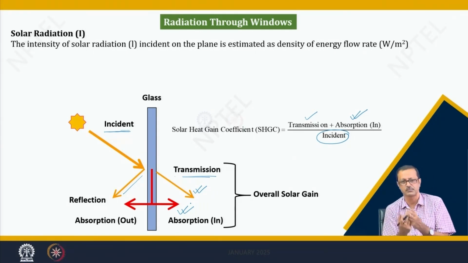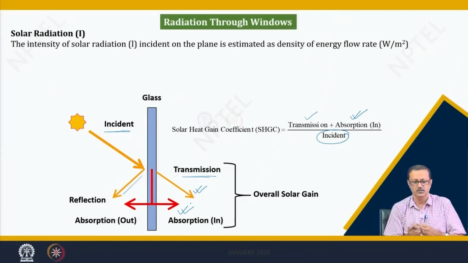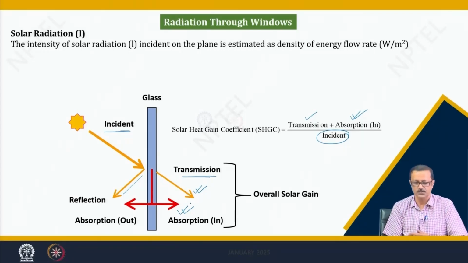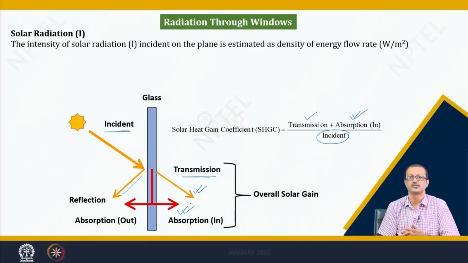So, how much is my gain inside a particular room? This particular ratio is called the solar heat gain coefficient, SHGC. It is sometimes also called the solar gain factor, SGF.